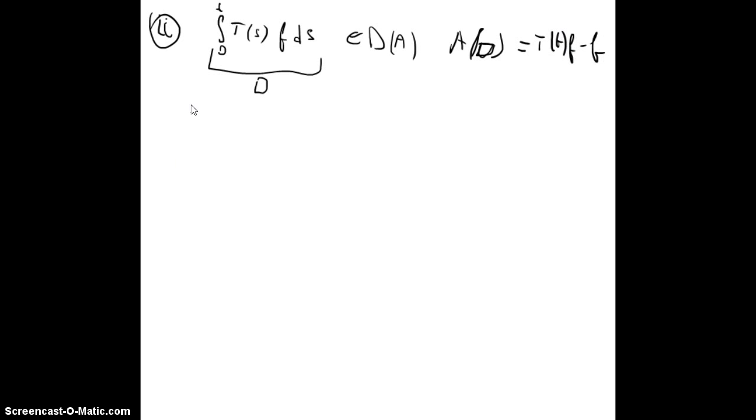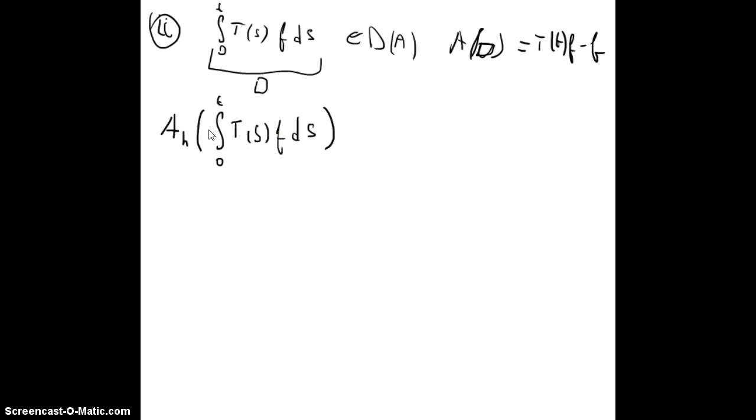Okay, so we want to see that this is in the domain, so let's see what it is. A_h of the integral from 0 to t of T_s f ds.